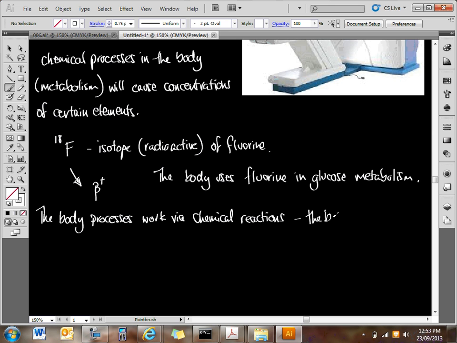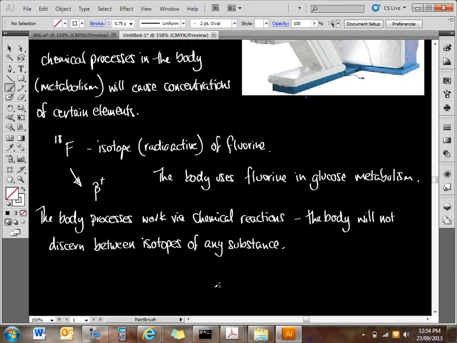This means the body will not discern between isotopes of any substance. The body just sees the chemistry only.